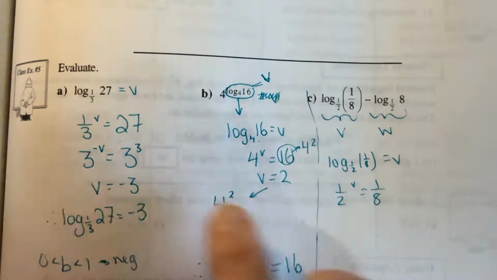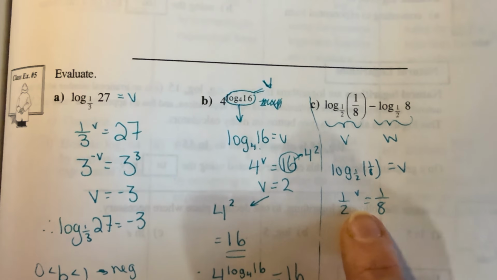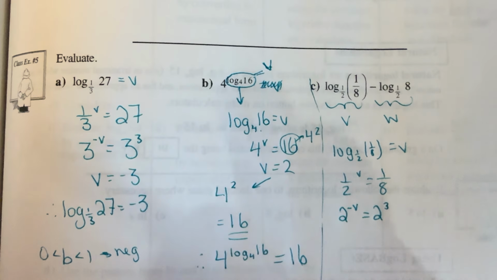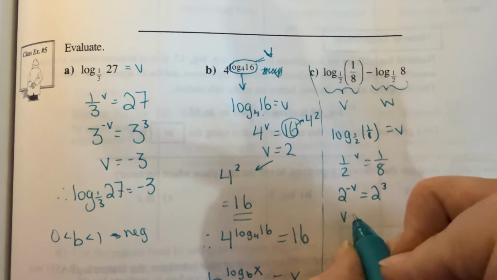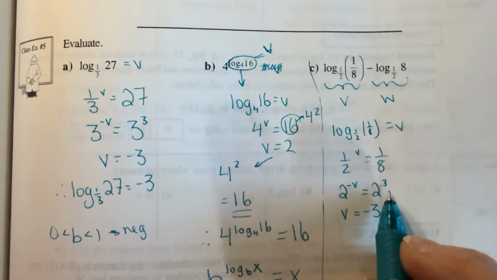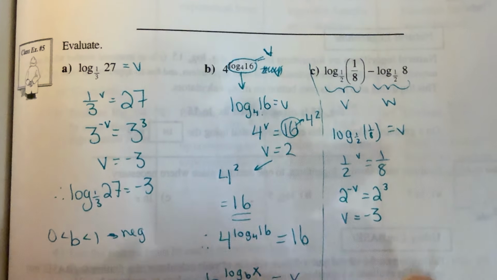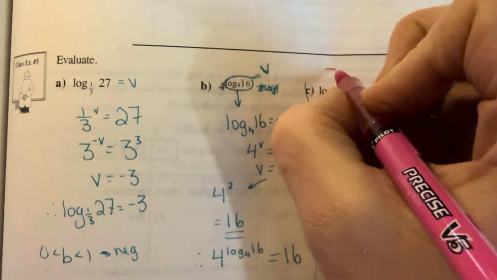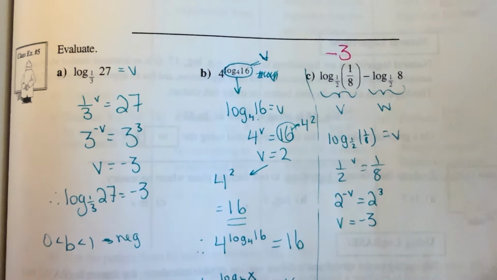So this one is going to be like this example here, where we're going to write them as 2 to the negative v and then 2 to the 3. So then v is going to be equal to -3, right? Because this is negative, I would divide. So that's this first one. Okay, so then that means that this value right here is -3.